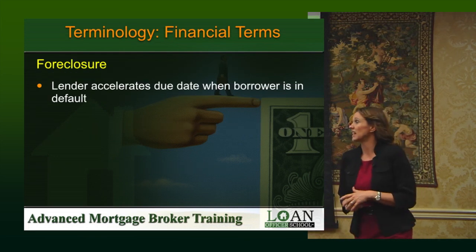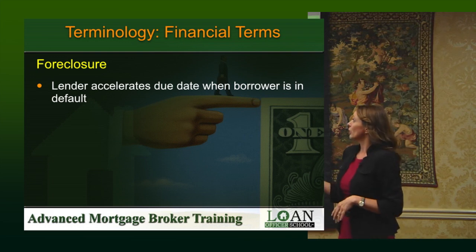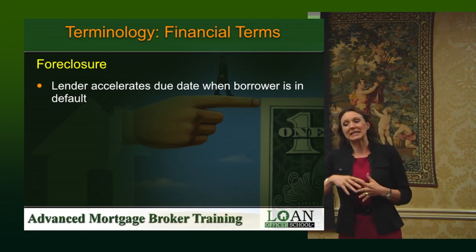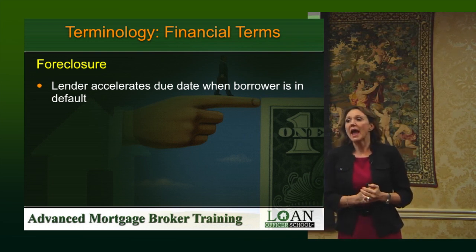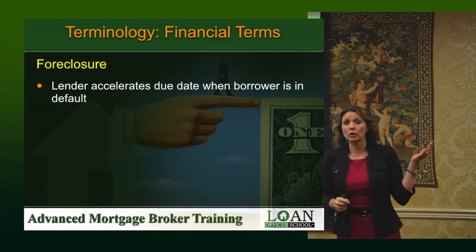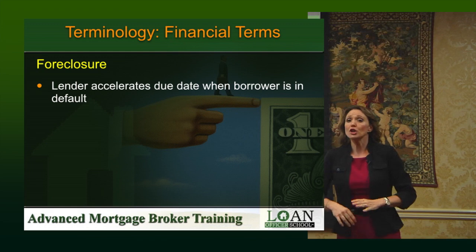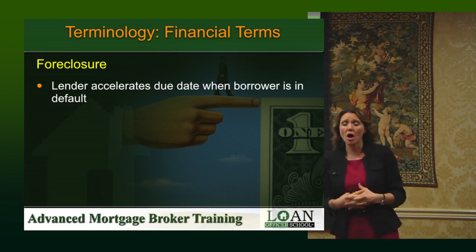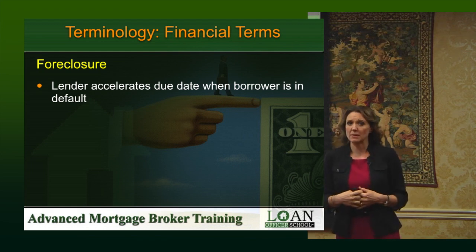Foreclosure. Foreclosure is always, that's a bad F word, let me tell you. Foreclosure is where the lender can take back the property and no longer accept payments and say, you either bring your loan current or you have to pay your entire loan off because you no longer have made payments.